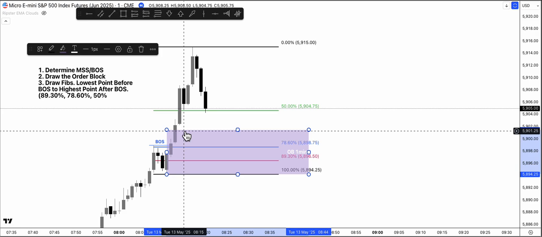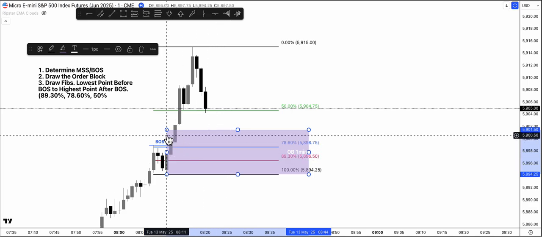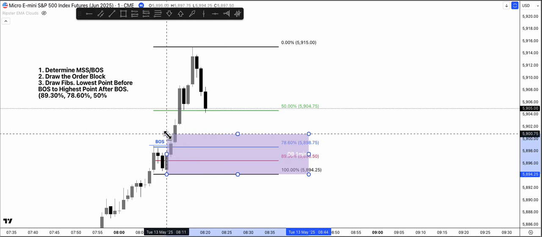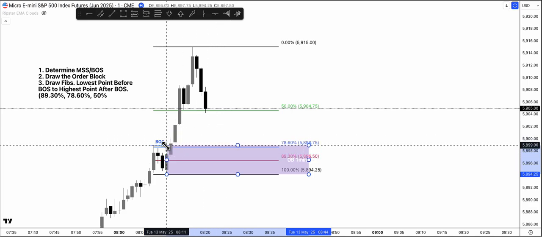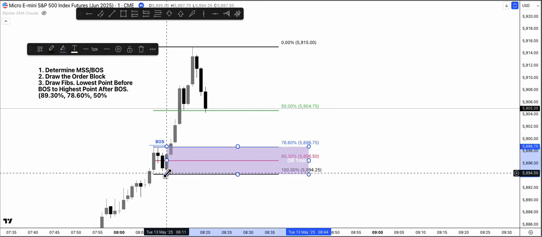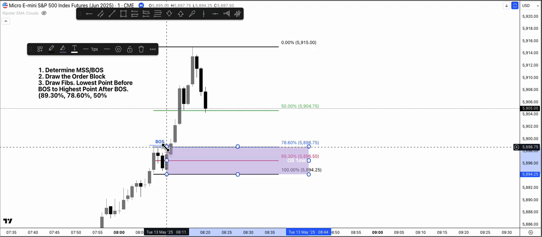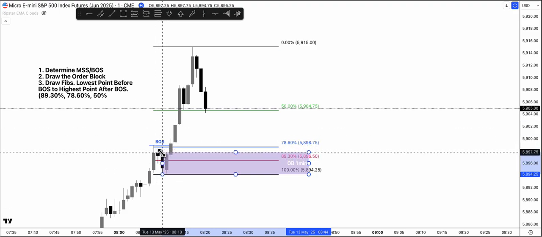That's why I use the Fibonacci 78.60 and 89.30 to reduce the order block. Assuming this candle here, which is the lowest candle before the BOS, is bigger than this one, in this case the order block is here.